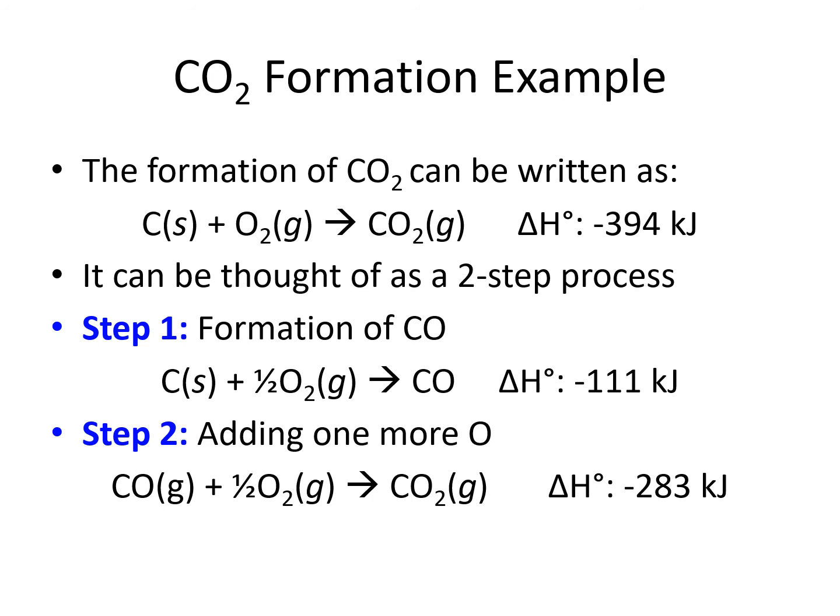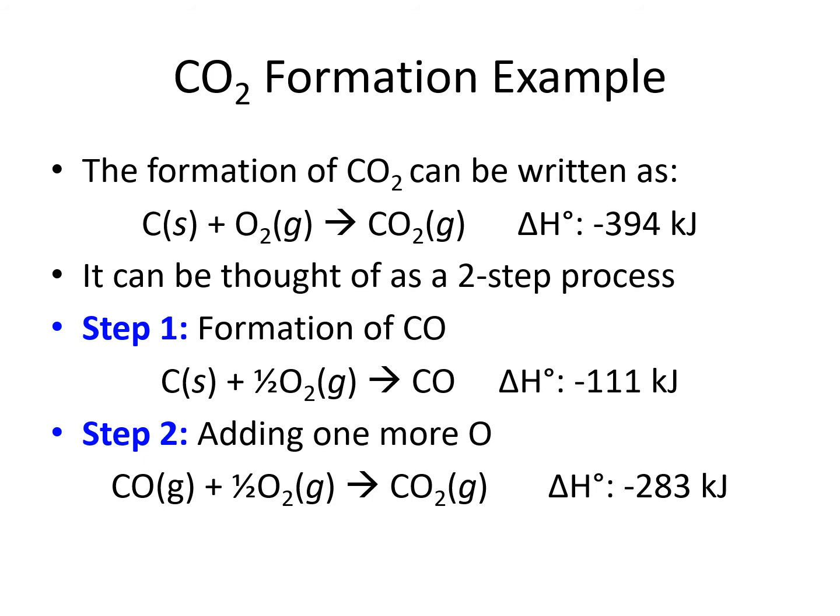to get the CO2 gas as our product. Now the delta H's of those two steps are a negative 111 kilojoules and a negative 283 kilojoules respectively. So if we add those up, negative 111 plus negative 283 gives us a total of negative 394. So we have our two steps and the delta H's along with those two steps, and we can add those two steps together to get our overall reaction.